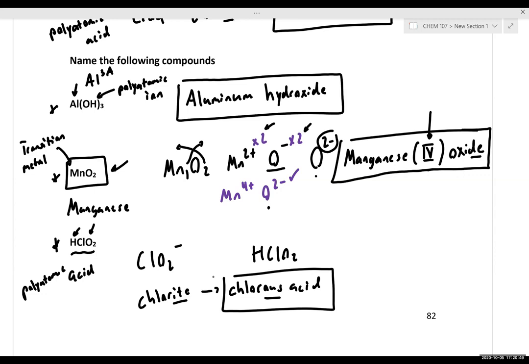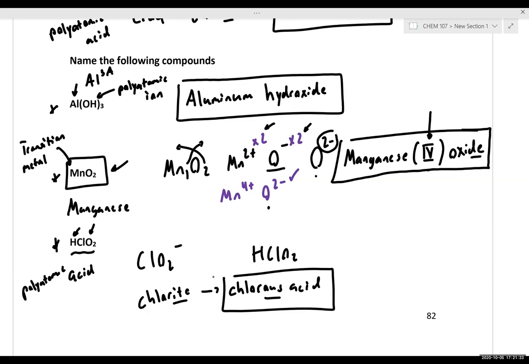Does this example make sense to everyone? Any questions on this first example? Professor, for the last one, the polyatomic acid, how come we don't put the hydrogen on it?